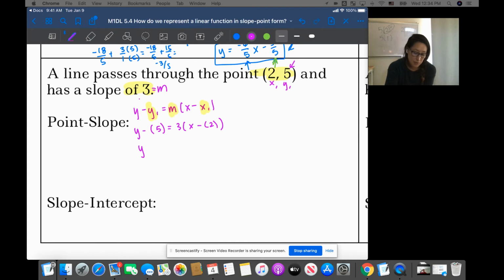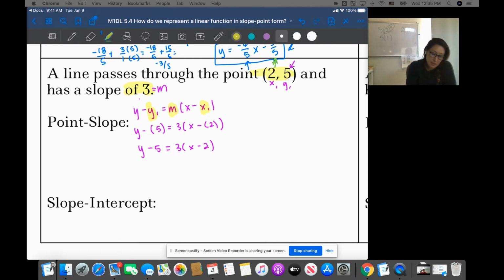You should probably be noticing by now that if the value in your point is positive, in the equation it is going to look negative. Because in the point-slope equation we have a negative sign, we're saying x plus the opposite of x1, or y plus the opposite of y1.